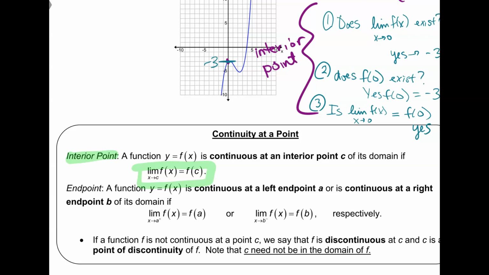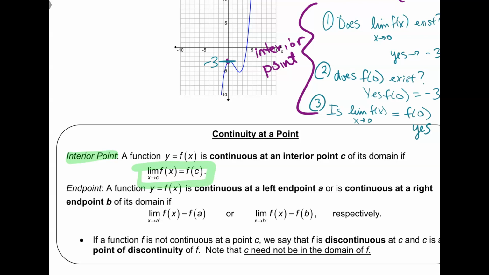And for the endpoint, whether it's continuous at the left endpoint or the right, we're looking at a one-sided limit.